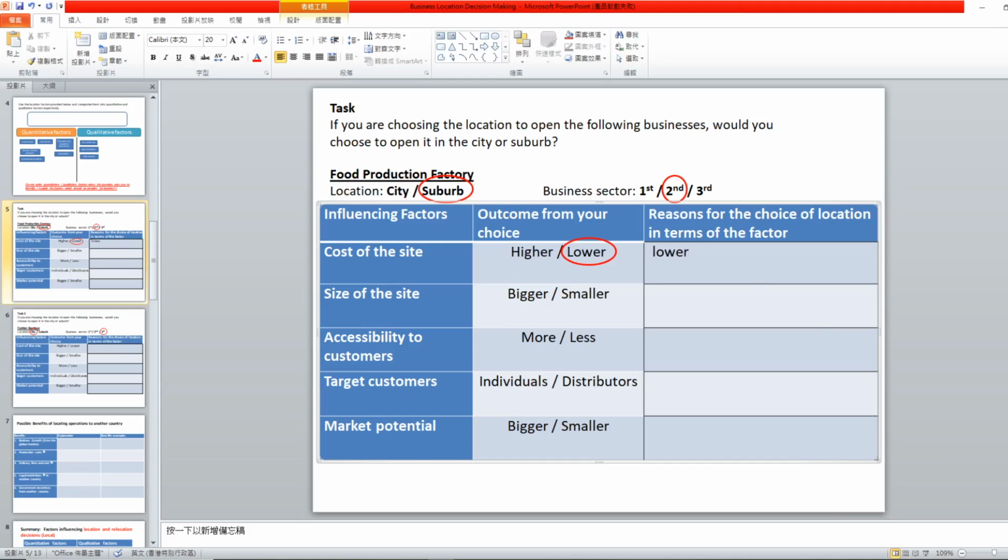Well, maybe I'll just do it. Lower cost, right? Which gives you higher profits. Anything that is more qualitative? Why do you need a site with lower cost?